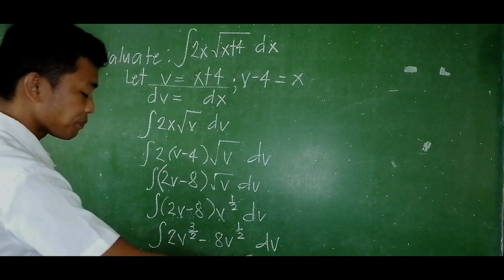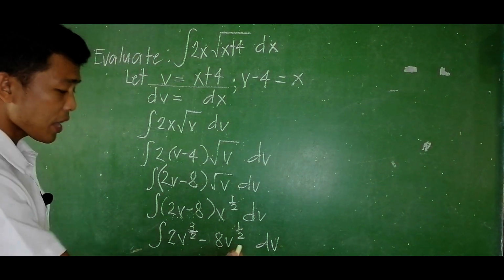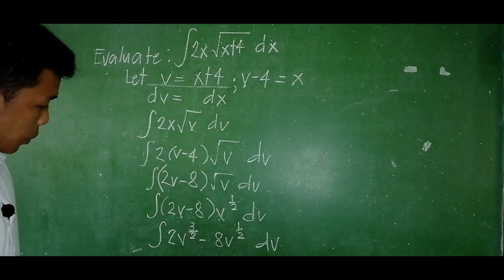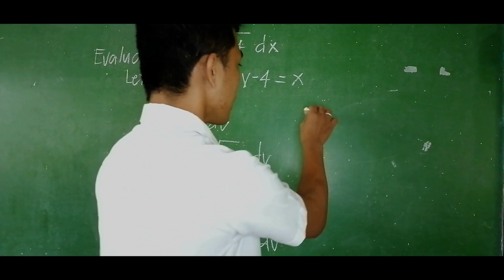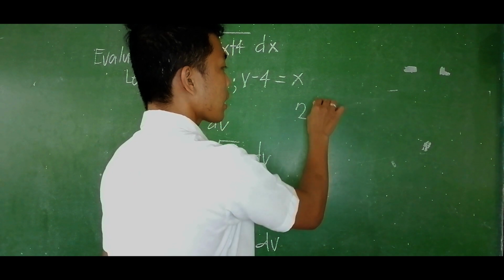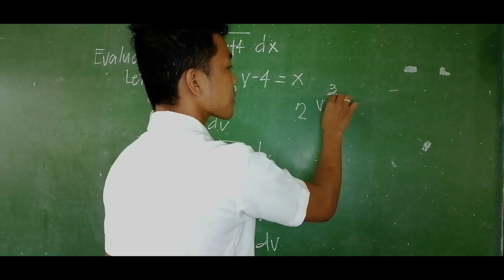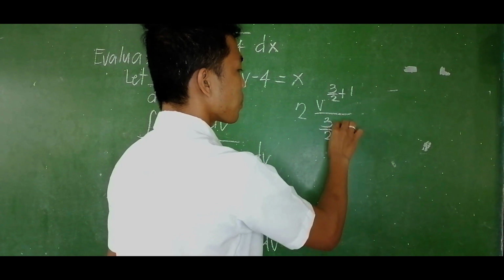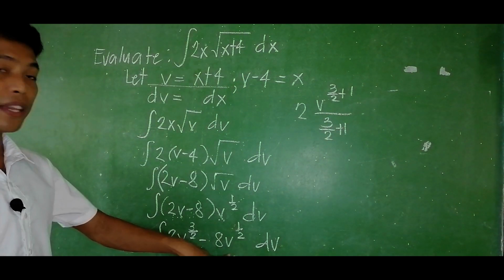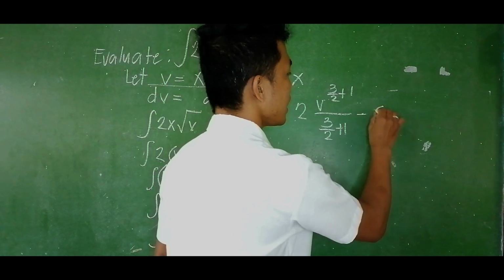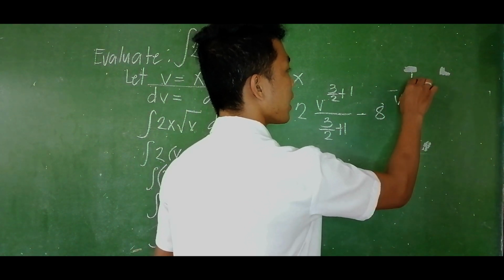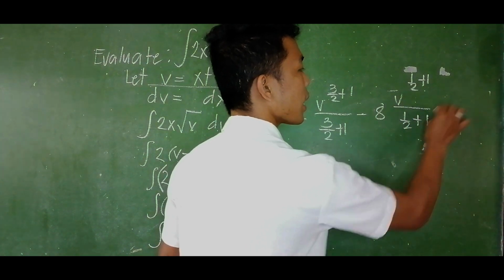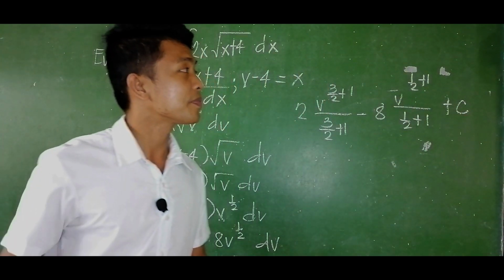Now, in here, we can find the antiderivative of these two expressions. So, we will get 2 times v raised to 3/2 plus 1 over 3/2 plus 1, and then minus 8 times v raised to 1/2 plus 1 over 1/2 plus 1, plus c.